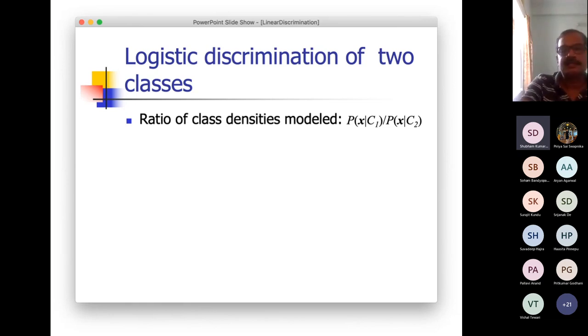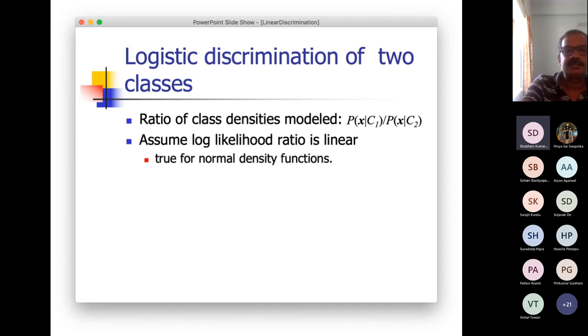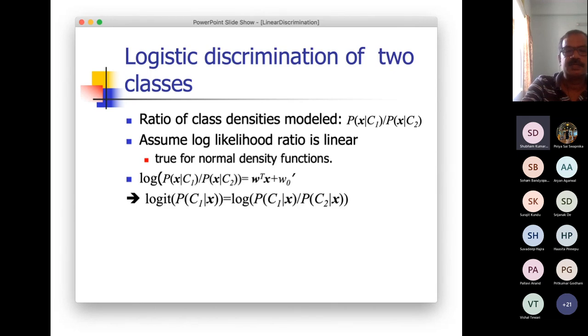We consider that the ratio of class densities you are modeling. So assume the log likelihood ratio is linear. We consider that the ratio is this, but that is true for normal density functions. As I mentioned, this log likelihood ratio can be written in this form, and then the logit of the posterior can be written. Actually, this is not the log likelihood.